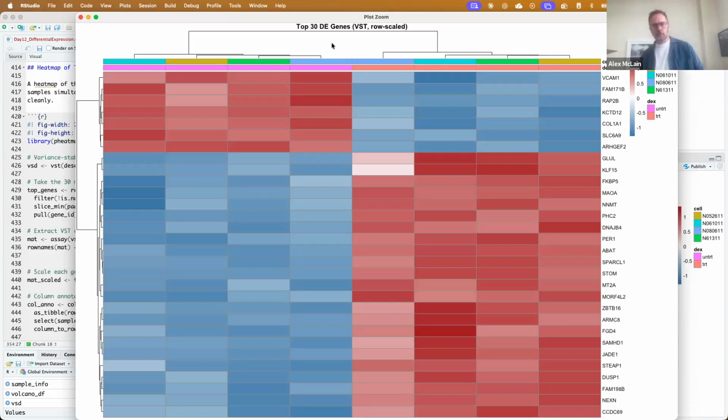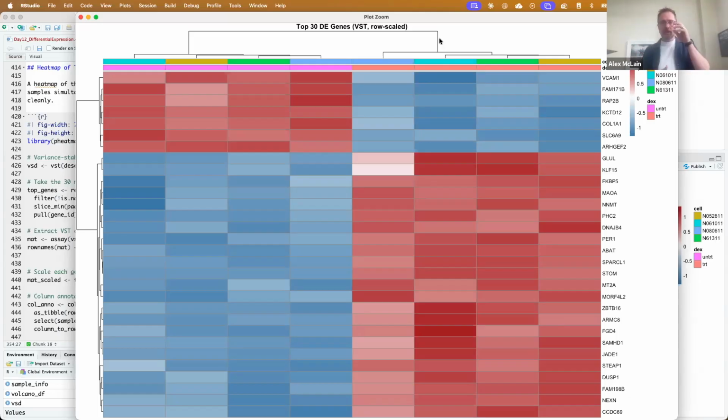So when we look at the top differentially expressed genes, what I would take from this is that the first split splits all the samples into treated and untreated, which obviously would happen because these tests look at the difference between treated and untreated, and they, of course, are going to pick that out.